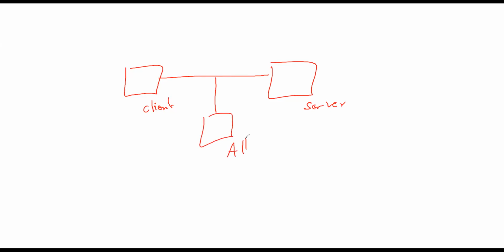We have, again, client, server, and then we have the attacker, obviously. But there's an established TCP connection between those two. And then the attacker needs to spoof a packet.